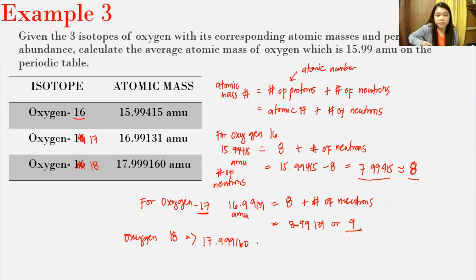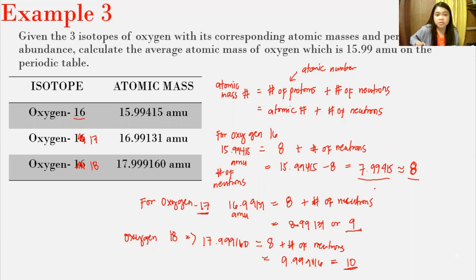So to get the number of neutrons, let's do the same process. Here we have an additional 2 neutrons for oxygen 18, an additional 1 from oxygen 17, so it becomes 10 neutrons.